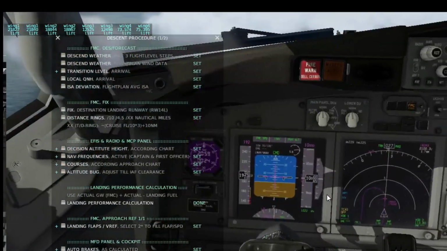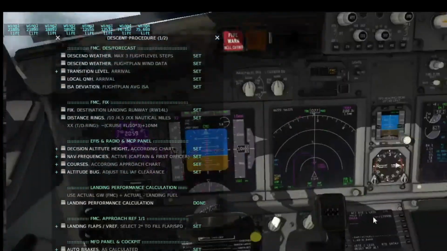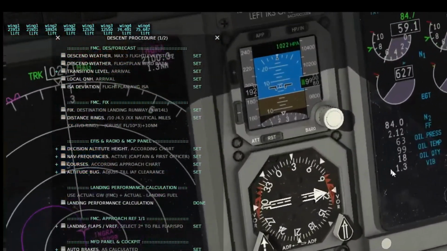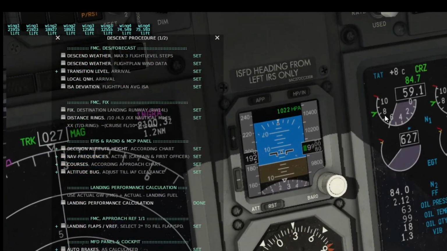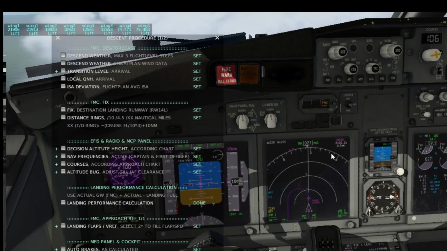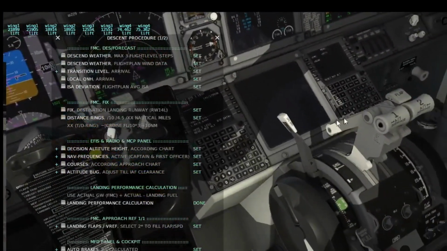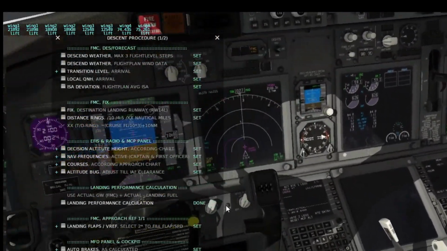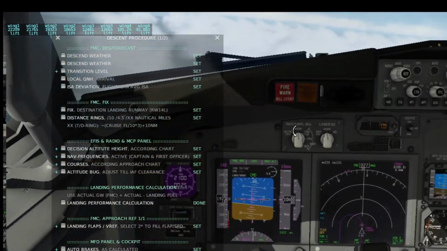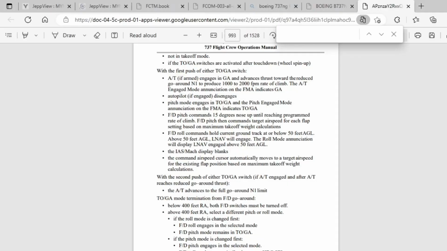You press the mic button once, or the TOGA switch, and the auto throttle will advance to reduced go-around thrust, if it was engaged, of course. If it wasn't engaged, you would advance the thrust manually to a desirable thrust setting that would produce your 1,000 to 2,000 feet rate of climb.